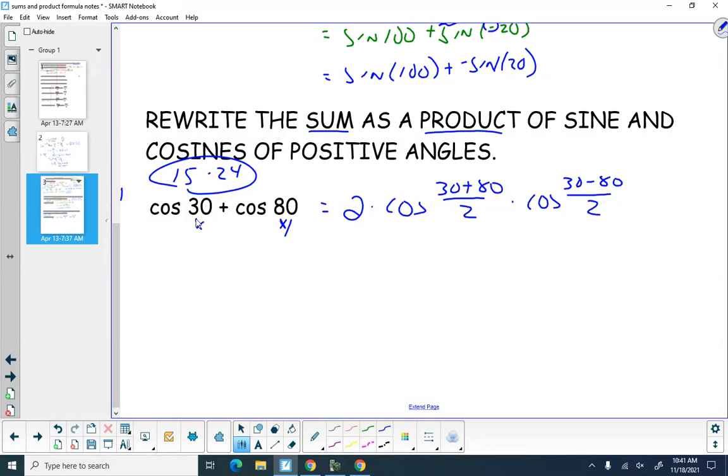Now it becomes a clickety-clack exercise. 30 plus 80, 110, divided by 2, 55. 30 minus 80, negative 50, divided by 2.